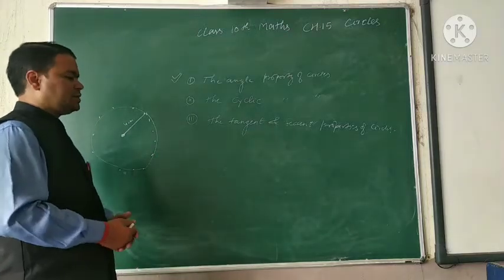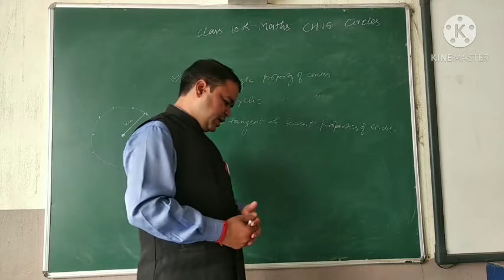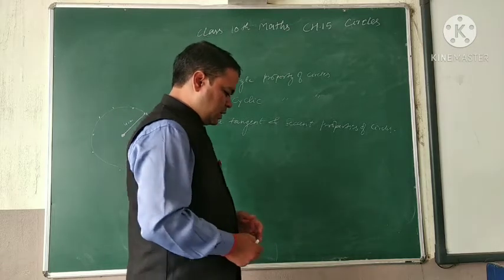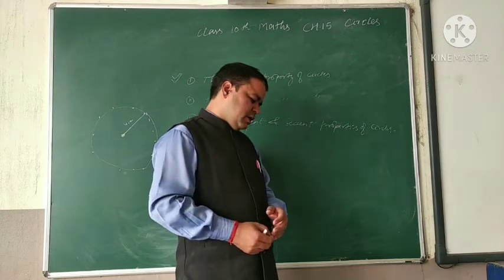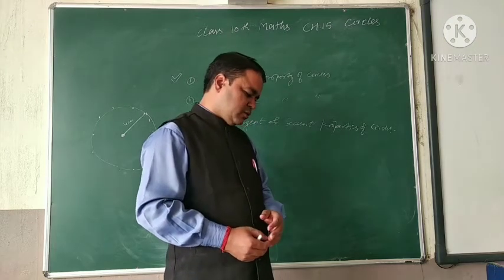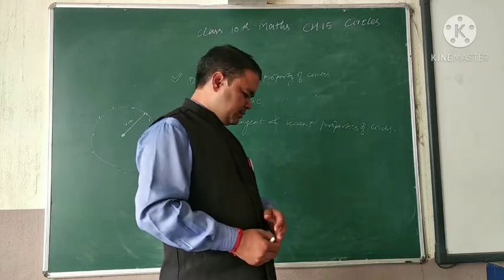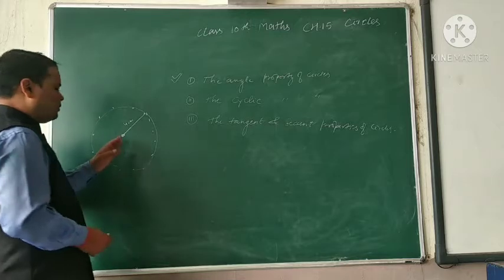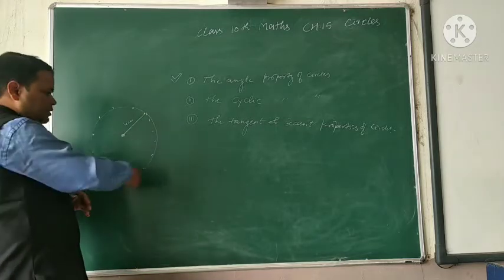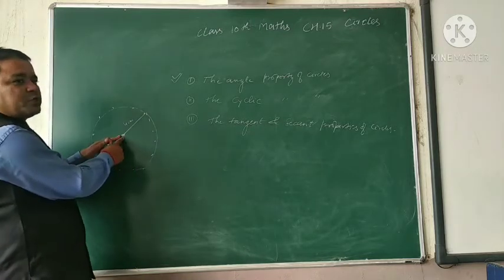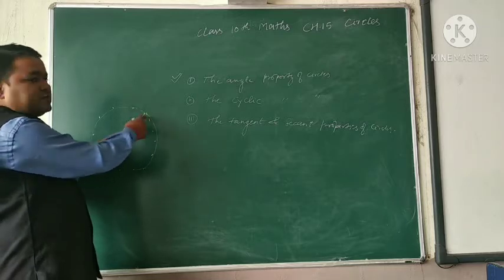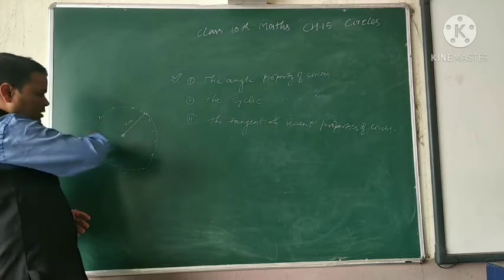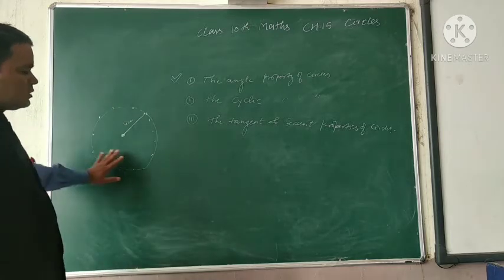Or we can say that the circle is a closed plane figure consisting of all those points of the plane which are at a constant distance from a fixed point in the plane. So this is the definition of the circle.